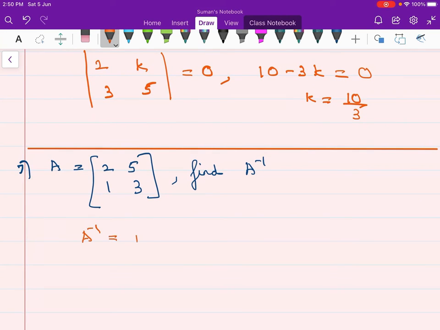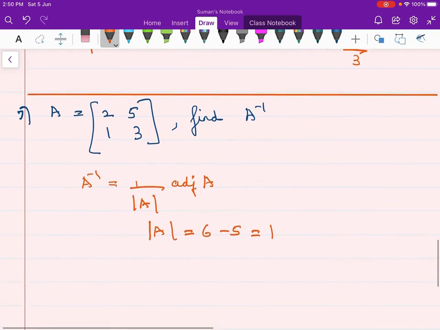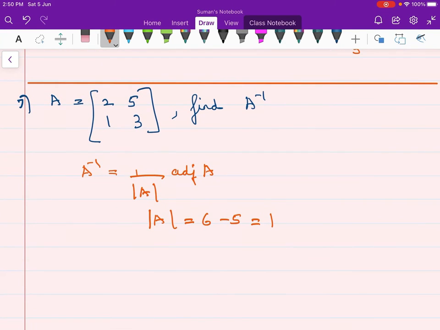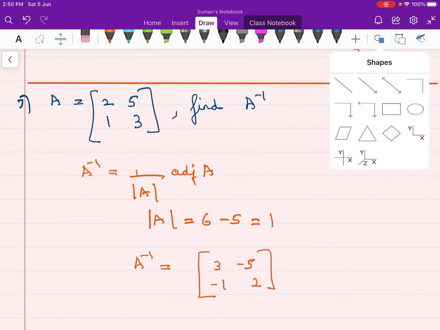A inverse is given by 1 by determinant of A into adjoint of A. ADJ stands for adjoint of A. Now determinant of A is 6 minus 5, which is 1, and adjoint of A, I have already told you how to calculate for a 2 by 2 matrix. So it will be 1 by 1, interchange the primary diagonal 3 2 and change the sign for the other diagonal, that is minus 5 minus 1. So this would be your inverse.